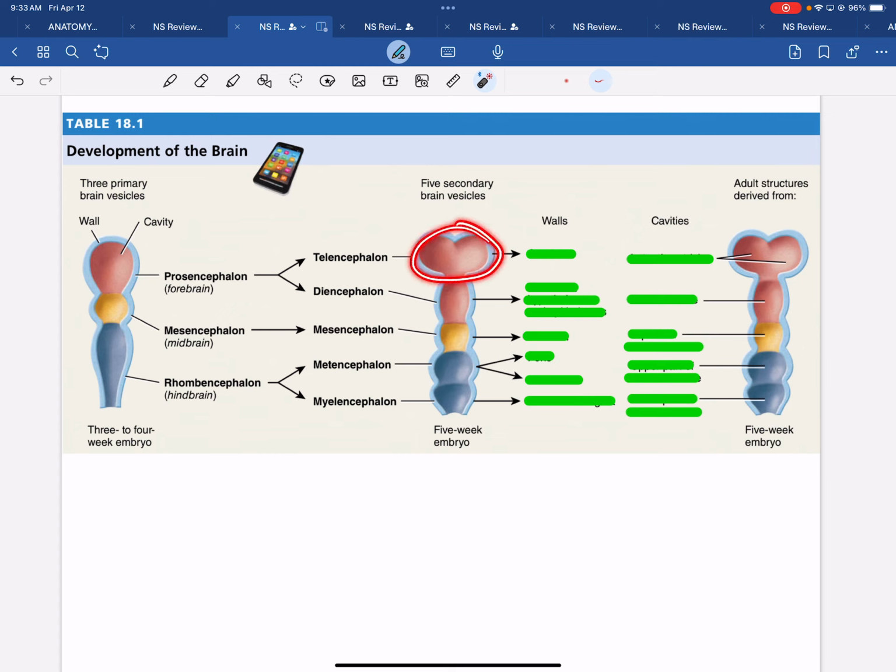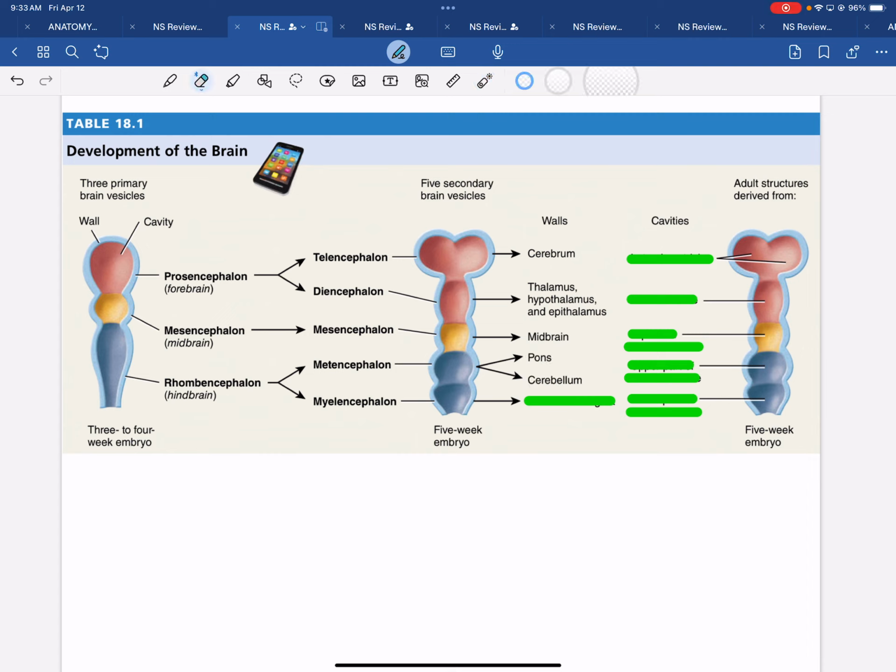What's the adult structure called for the telencephalon? Good. Cerebrum. The diencephalon forms which structures? Right, epithalamus, thalamus, hypothalamus, everything with thalamus. What is the adult name for the mesencephalon? Good, the midbrain. The metencephalon splits into which two structures?